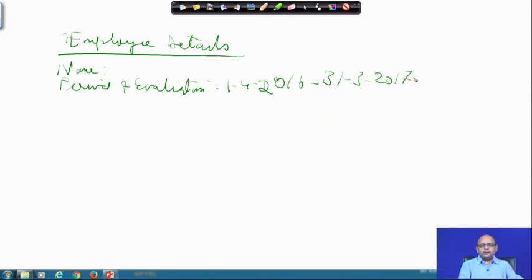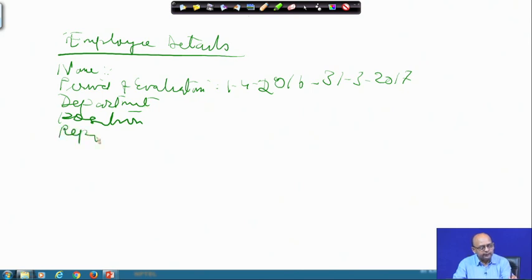Many companies use this financial year, because based on that they are going to provide reward or bonus or whatever. Then you also write the name of the department in which he works, his position, and who is the reporting officer. Okay. So, this is the first kind of data that you get.